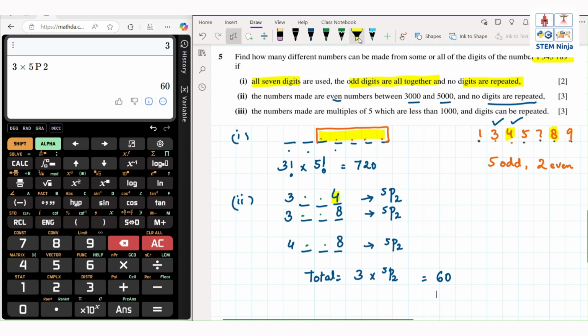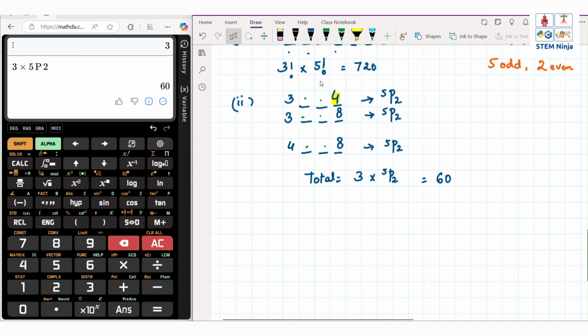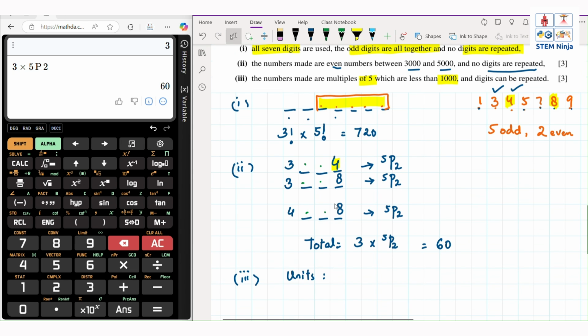Now, the numbers made are multiples of 5, which are less than 1,000. Now, for the less than 1,000, for units, obviously, if it's a multiple of 5, we only have this. That means the digit must end with 5.